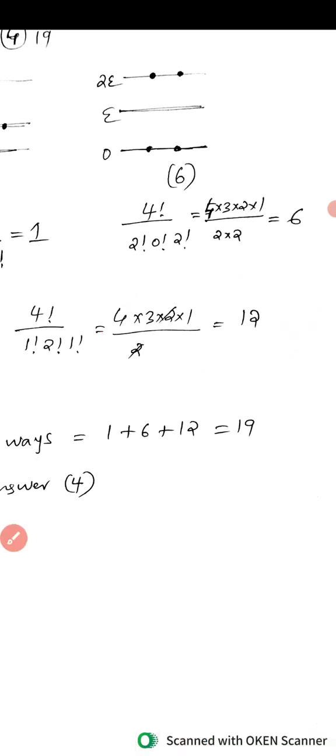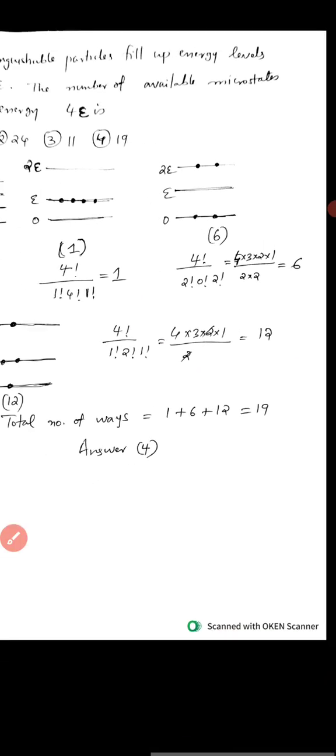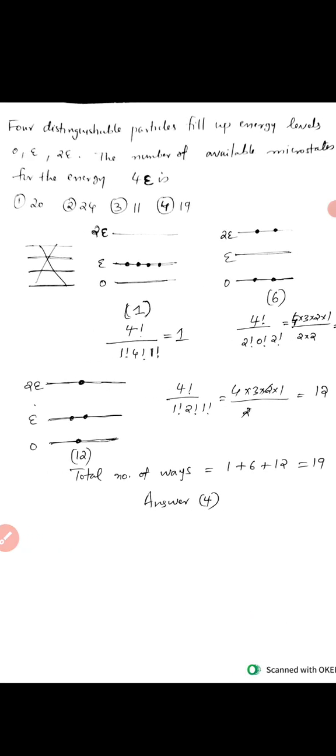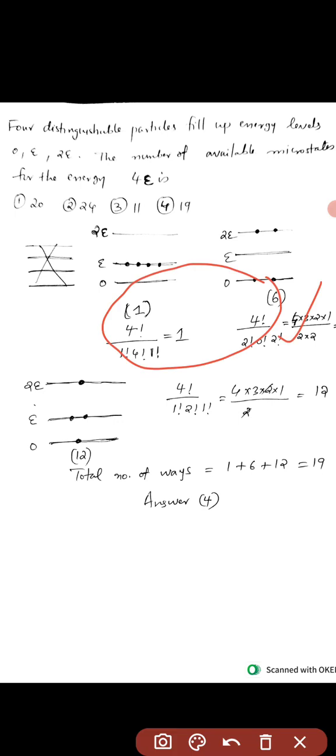So these are the three possible configurations for getting the total energy as 4 epsilon. The total energy has to be 4 epsilon.